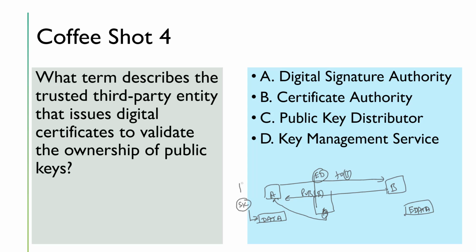So A assumes that whatever public key we're receiving is coming from the respective source. So they use the public key. It was supposed to be B's, but it is not B's. It's basically the attacker's public key.